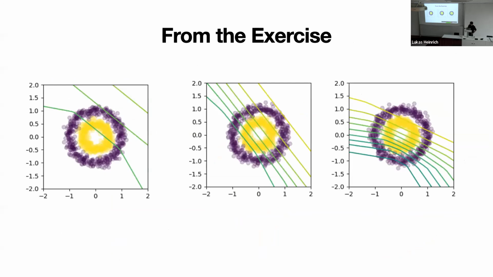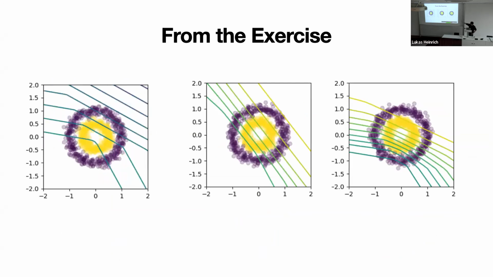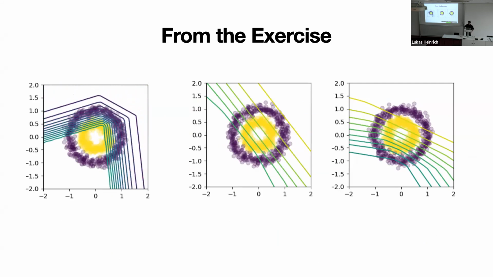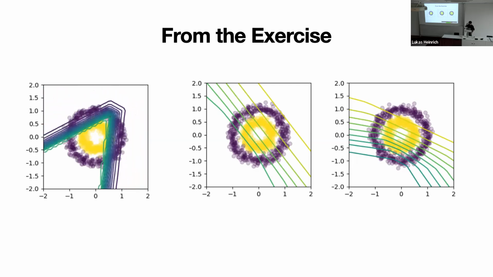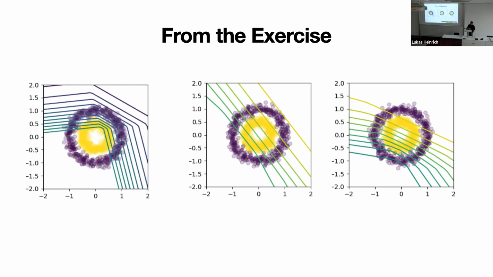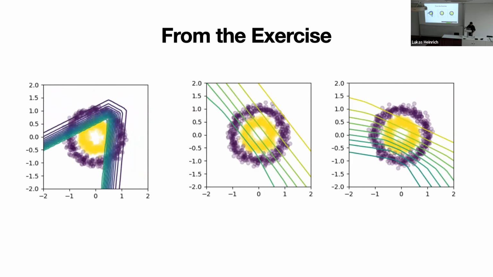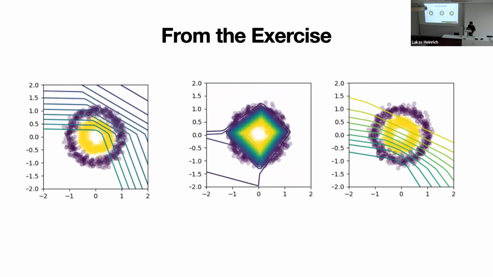Okay, so this is just from the exercise. Here we have 2 hidden nodes on the left. And you can see it's already not a linear decision boundary. As you're training, the decision boundary improves, right? But okay, it's not great. But it's already non-linear, so that's good. Now we're adding more and more hidden nodes, and you can see that the decision boundaries become a little bit more complicated.